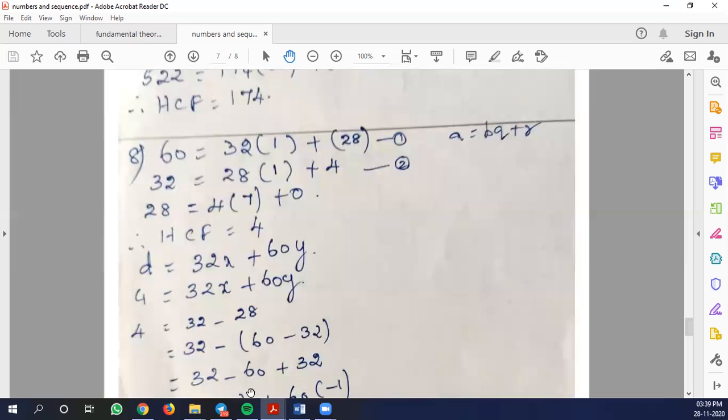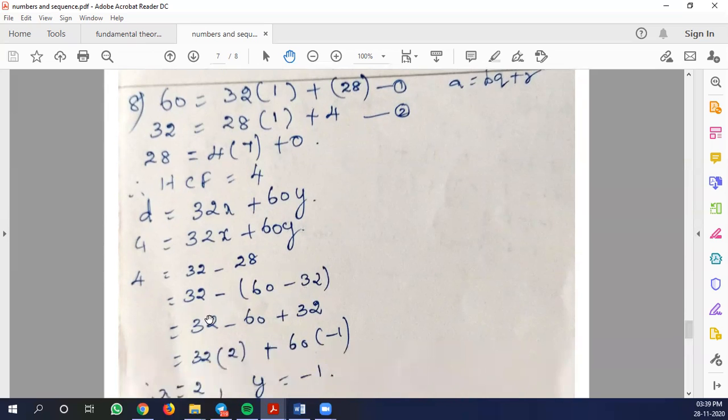How to write 28? This 28 can be written as 60 minus 32. Now 32 multiplied by the minus, so it is minus 60, minus minus plus 32. So taking 32 and 32, it is 2 times 32 plus 60 into minus 1.